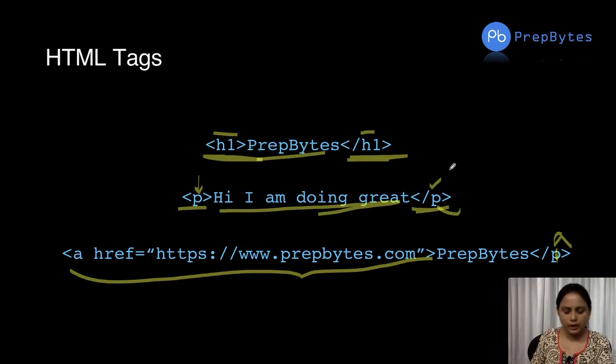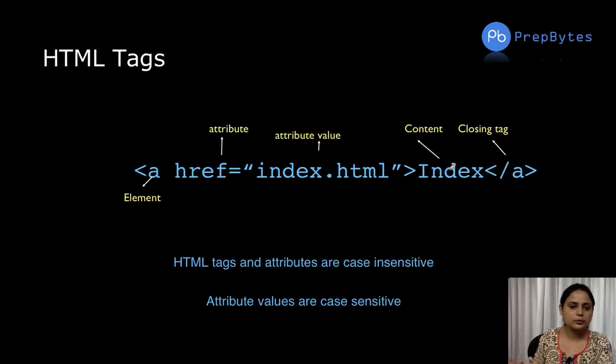Let's see in a structured way how different things come together to form an HTML tag, and what the components of an HTML tag are. We have already seen the angular bracket, and then the element. In certain HTML tags, you need to pass in some attributes. We will see as we go ahead how these attributes are useful.